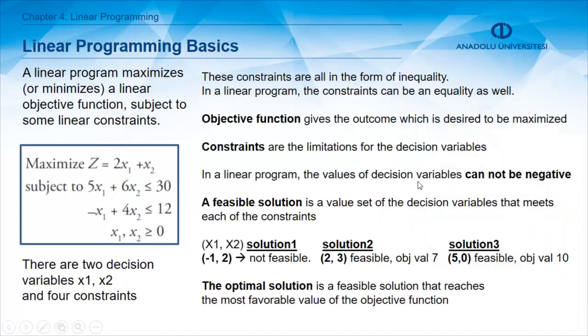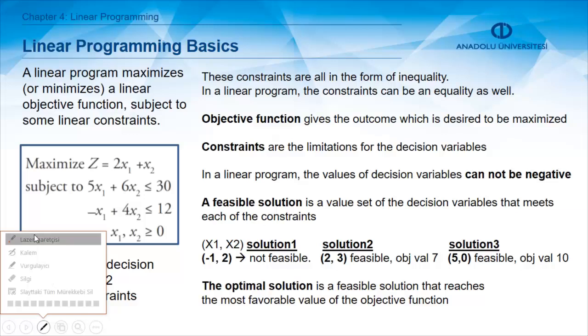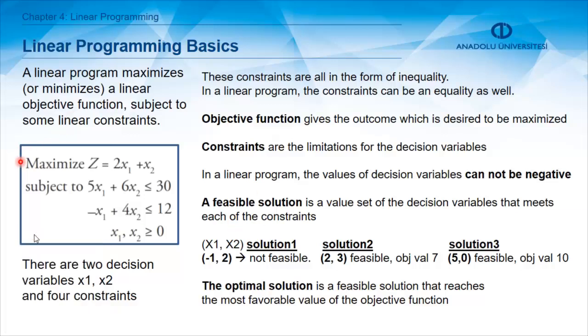A linear program maximizes or minimizes a linear objective function subject to some linear constraints. Here in the blue frame, we have an example linear program, and this is a maximization. There are two decision variables, x1 and x2, and there are four constraints.